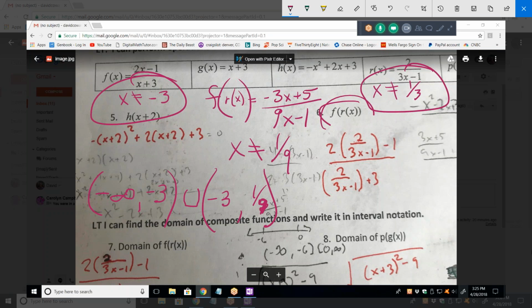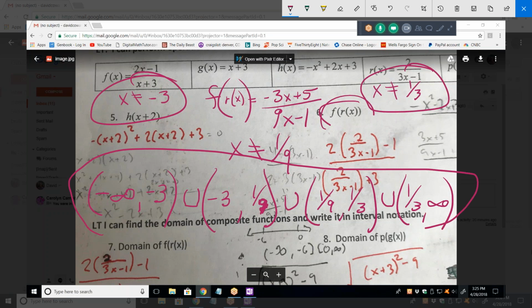In union with 1/9 to 1/3, in union with 1/3 to infinity. In other words, that covers the entire number line except for those three values. Minus 3, 1/9, and 1/3 are the only three things that it can't be.